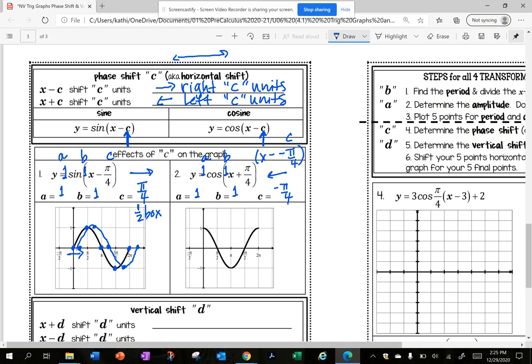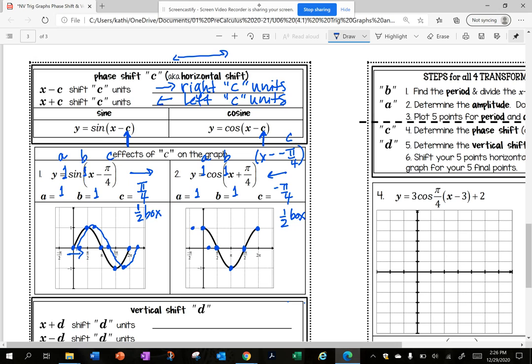So cosine looks like the shape of a C. So I start at a max. I go to the wave axis, the minimum. I come back up to the wave axis and return and finalize at the maximum. So this time I want to move to the left a half a box. Pi over 2 is 1 box, so pi over 4 is a half a box.